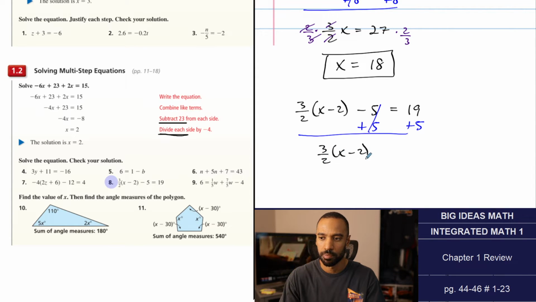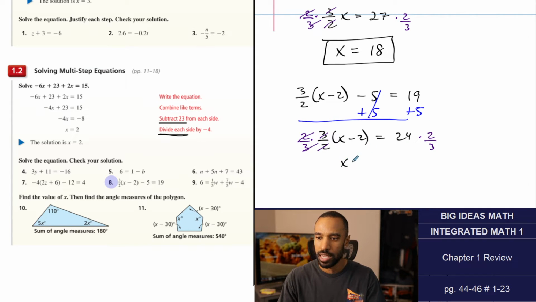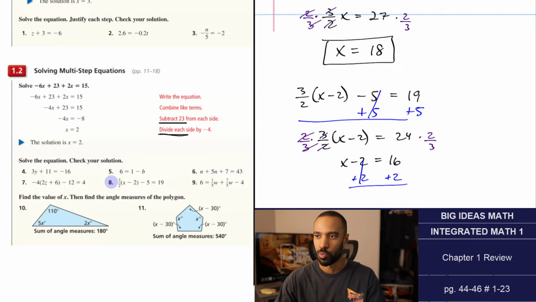And then you can multiply both sides by 2/3 at this stage. And now all fractions be gone, given that 24 times 2/3 is an integer, which it is. So now we'll have x minus 2 equals, see, 24 can divide by 3. You get 8, and 8 times 2 is 16. And then we can add 2 to both sides, and you get x equals, once again, 18.